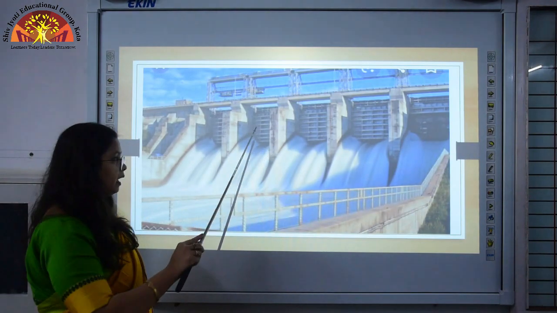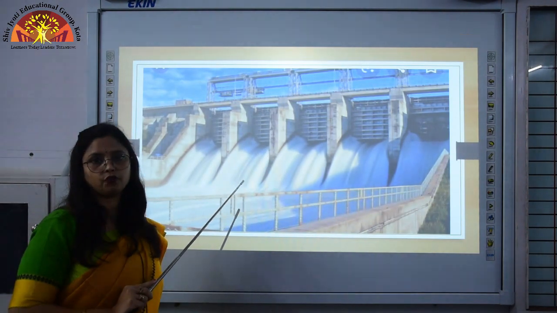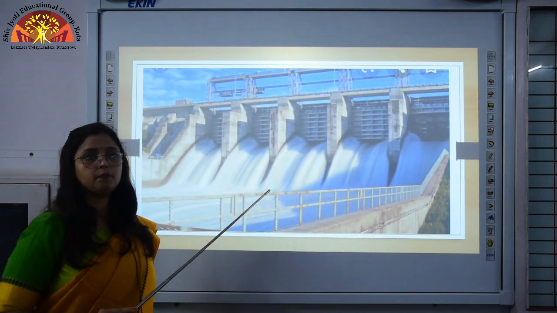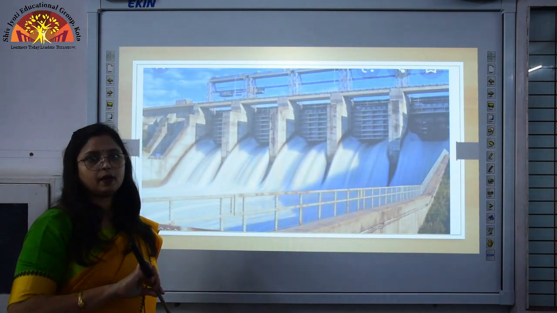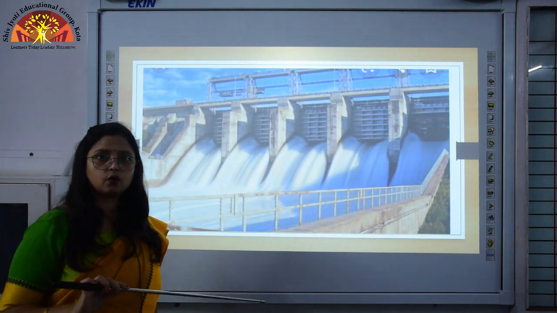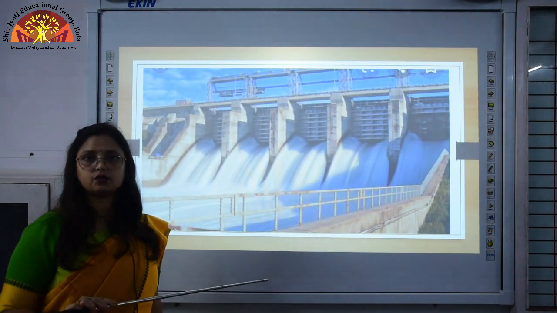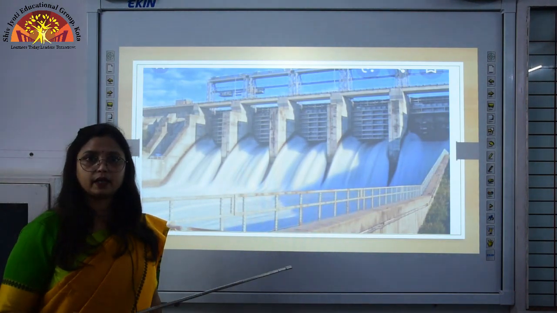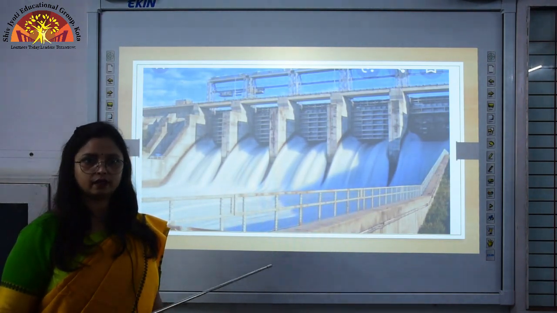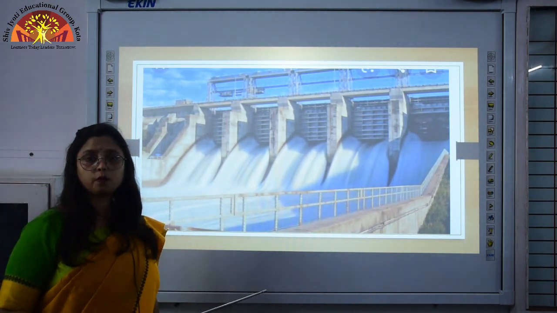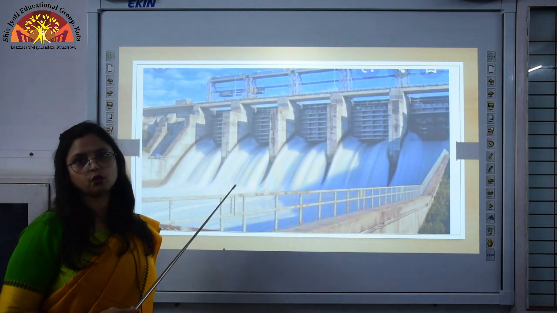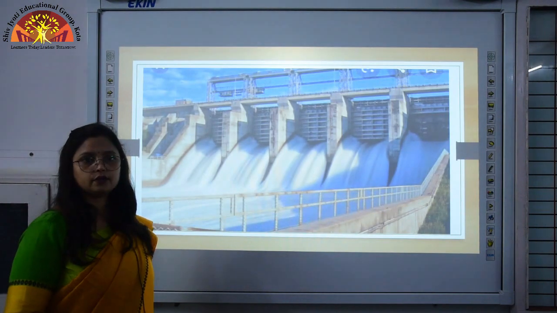Now this water has energy when it is falling from the height. Now when it falls on turbine, that energy rotates the turbines, and when the turbines are rotated, that energy is converted into electrical energy, and we get the supply of that electrical energy at our homes to run our electrical appliances. So this is the source, water as an energy source.